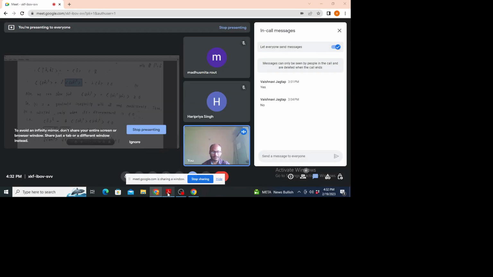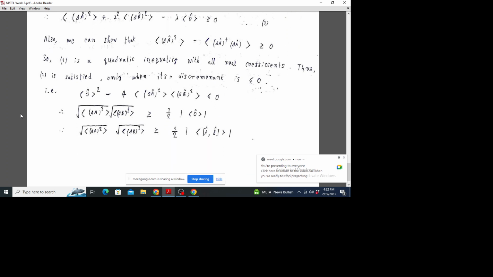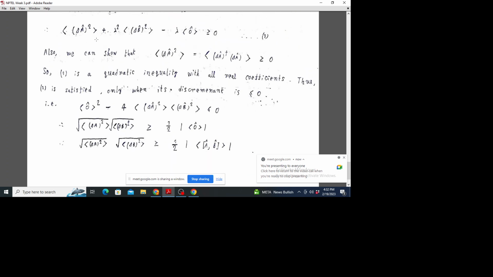Now we will use the property of quadratic equations that we usually learn in class 11. We have the quadratic inequality 1, and the coefficient of the quadratic term is positive and the constant term is also positive.